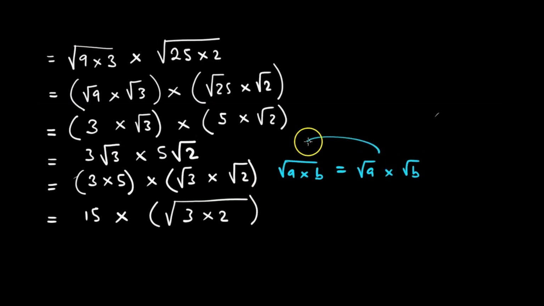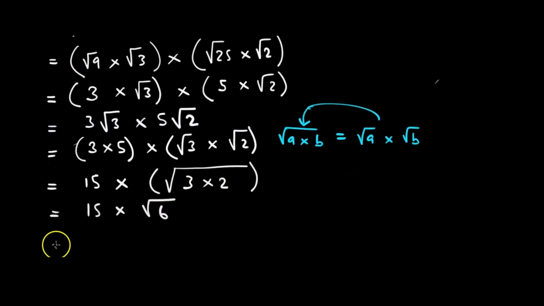Saka zvangoitika apa ndezvekuti paitika a reverse. Okay, so this is equal to 15 multiplying, of course, the square root of 6, 3 times 2 is 6. So our final answer is going to be 15 root 6. That is how we do it.